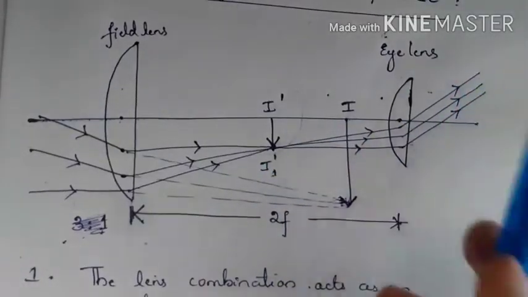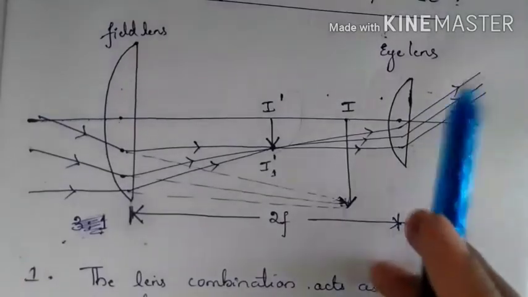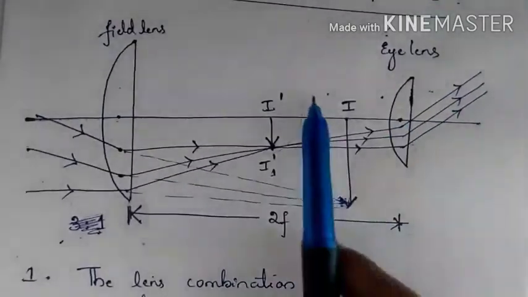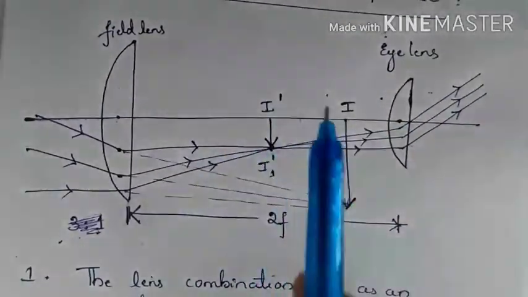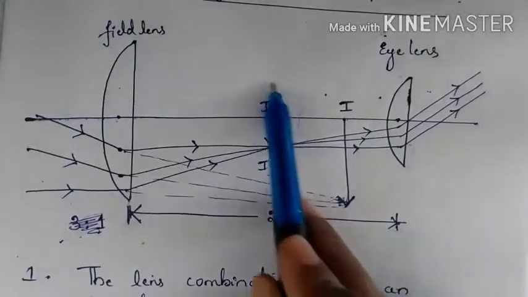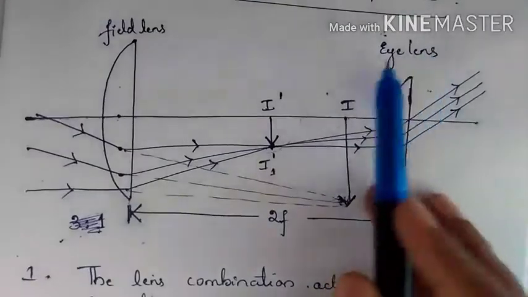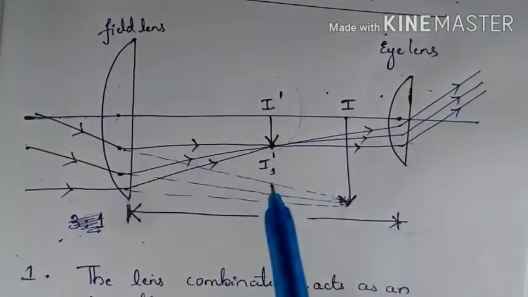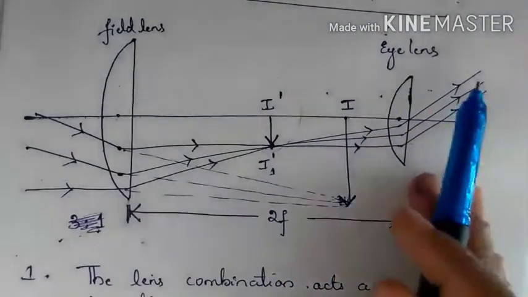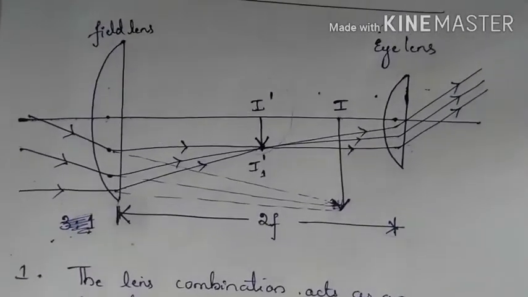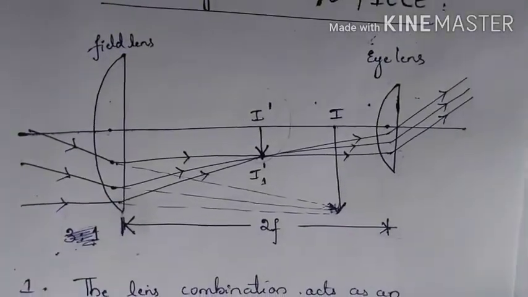So we know that the image will be formed at infinity if the object is at a focal point. So now this I prime should be at a focal point, then only this eye lens will produce the image at infinity. So this is the basic definition for the Huygens eyepiece.